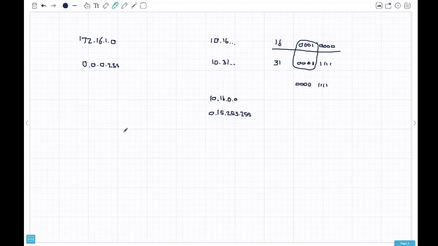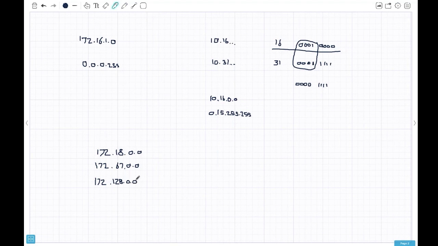Let's say that we are told that we have network 172.18.0.0, and we have network 172.67.0.0, and we have 172.128.0.0.